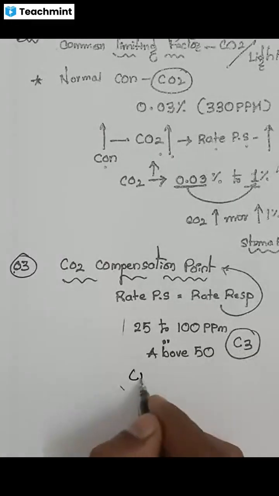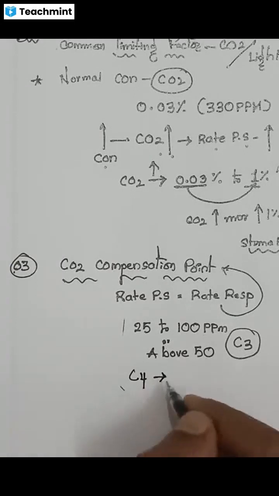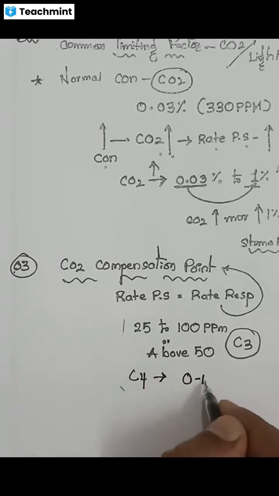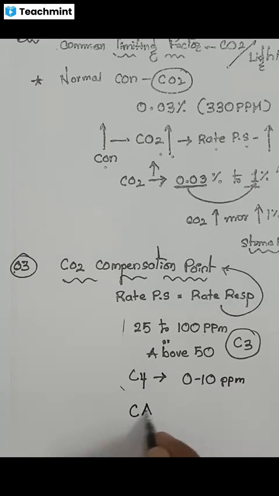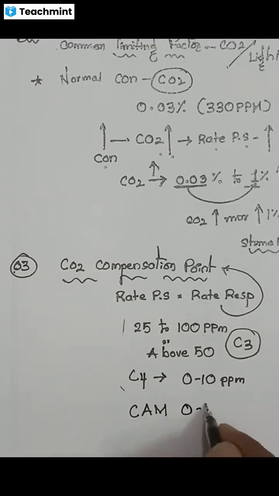In C4 plants, the carbon dioxide compensation point is 0 to 10 ppm. In CAM plants, it is 0 to 5 ppm.